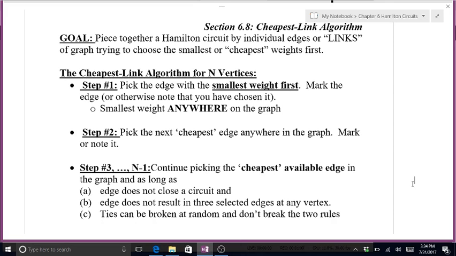We've got 3 conditions though that have to happen, because we cannot close the circuit until we're completely finished. So we cannot close a circuit unless we're done. We cannot have more than 2 selected edges at any vertex. So if you're going to highlight a line and it's going to actually have 3 lines coming off of a vertex, you cannot choose that.